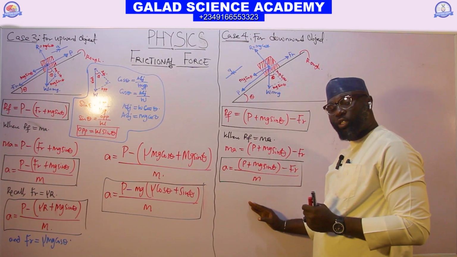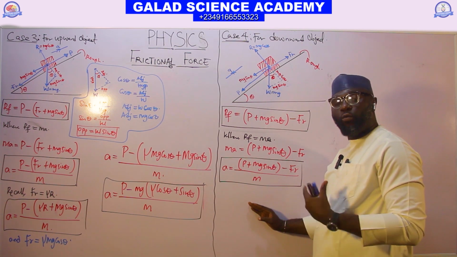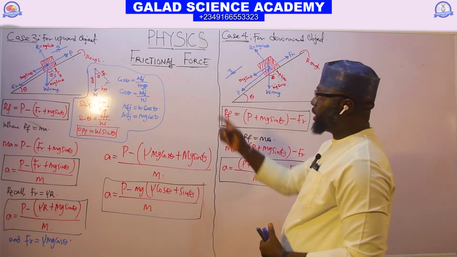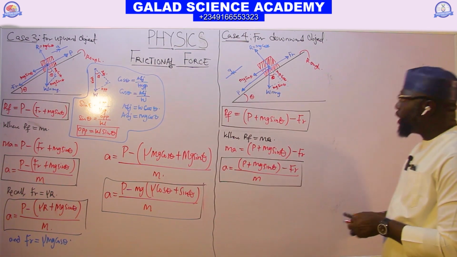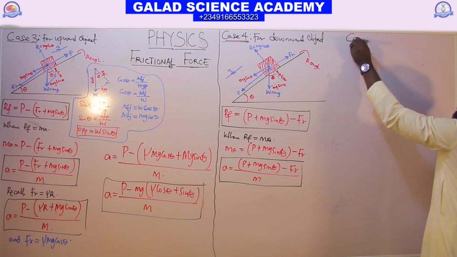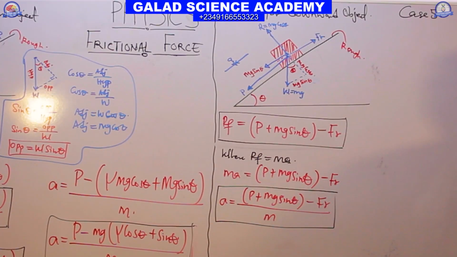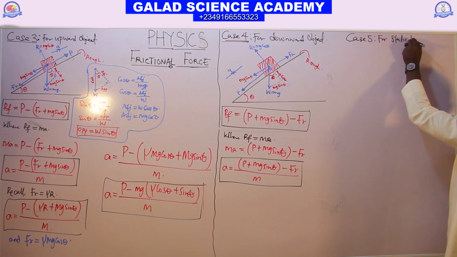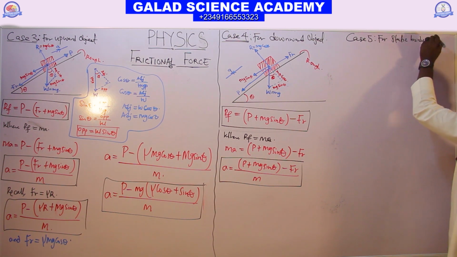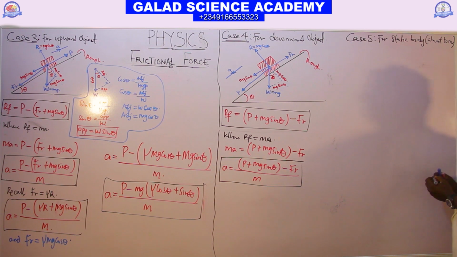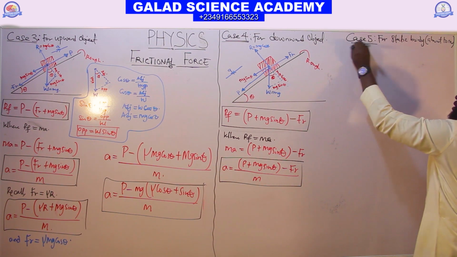So let me give you the formula for case 5 too, before we now solve questions on case 3 and case 4. Case 5 is for a static body, or a body that is about to move.